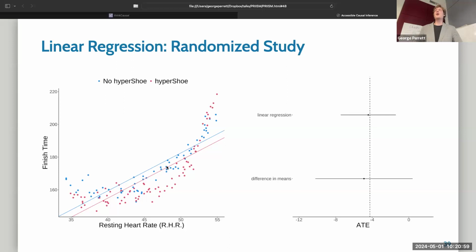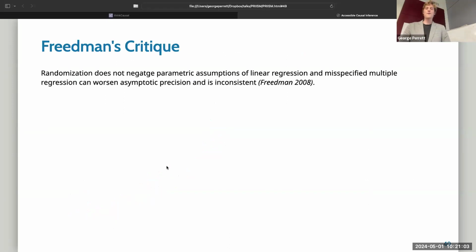That we can get away with model misspecification because of properties of randomization. Now, Friedman pointed out this is not necessarily true. Properties of randomization don't fix model misspecification, and the parametric assumptions of linear regression are still relevant. And specifically, they can worsen asymptotic precision, and it becomes an inconsistent estimator.